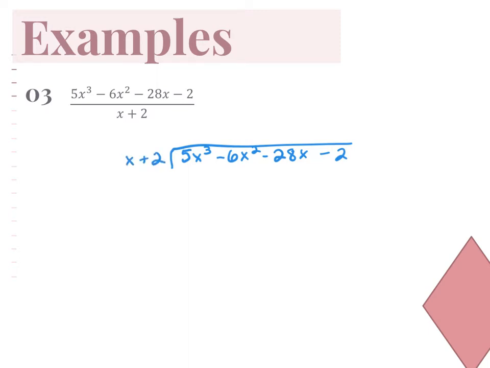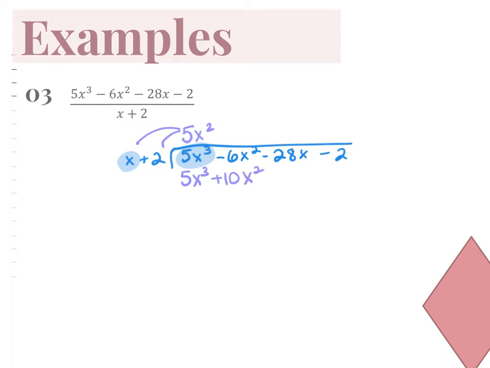Take it one step at a time. So first into first. What would I have to multiply x by to get to 5x to the third? 5x squared. And that gets multiplied by both terms on the outside. So 5x to the third plus 10x squared.